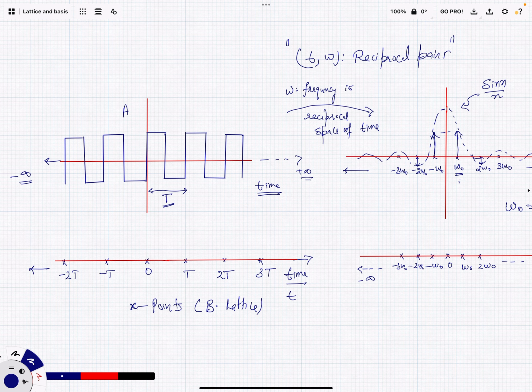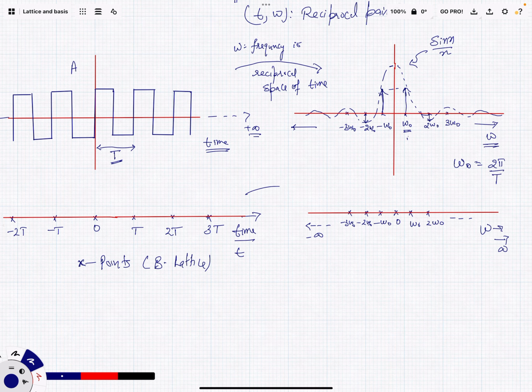Even if you go to each point, you see exactly the same environment, right? So if this is the Bravais lattice of the time, then equivalently this is the reciprocal lattice, and you should notice that the reciprocal space is also a Bravais lattice.